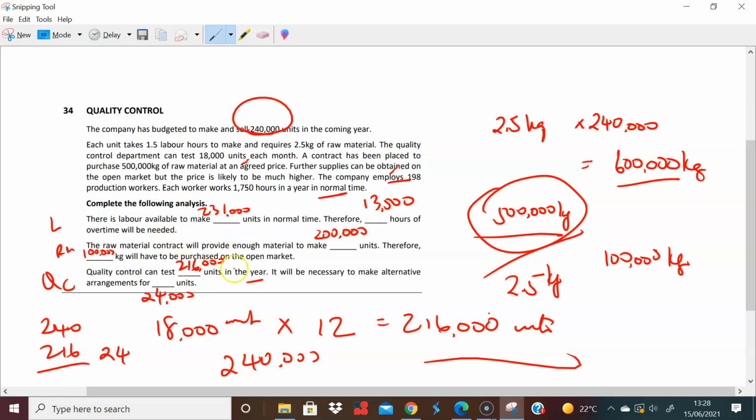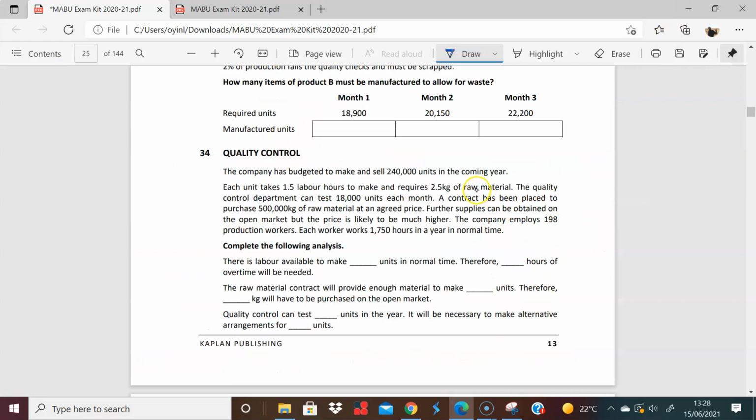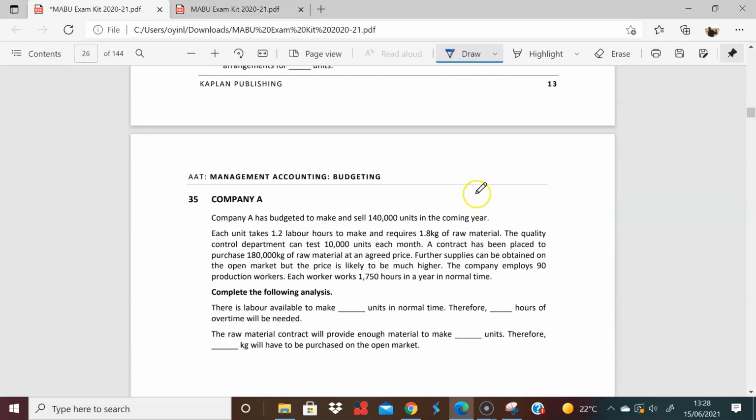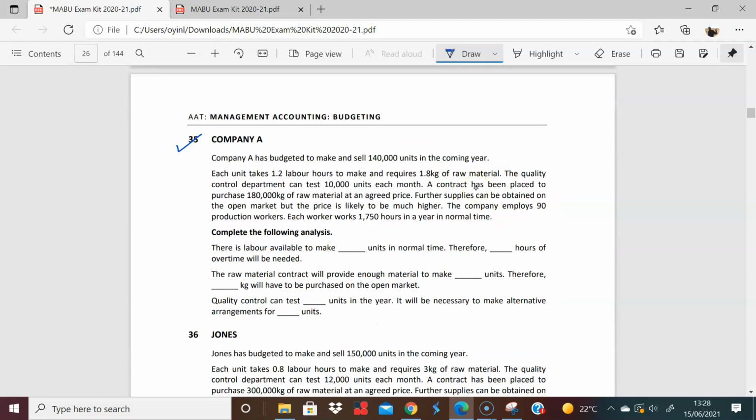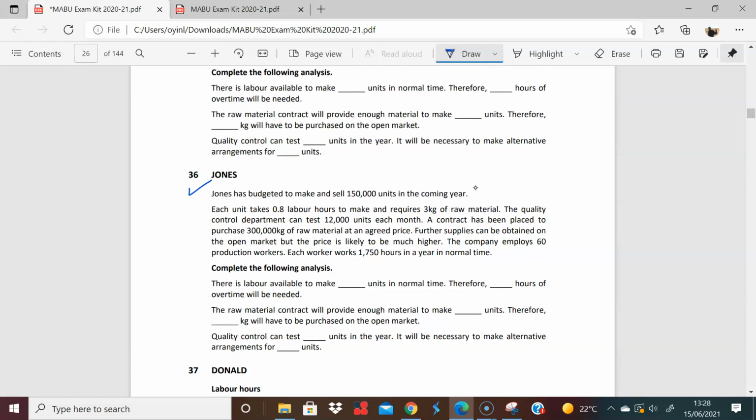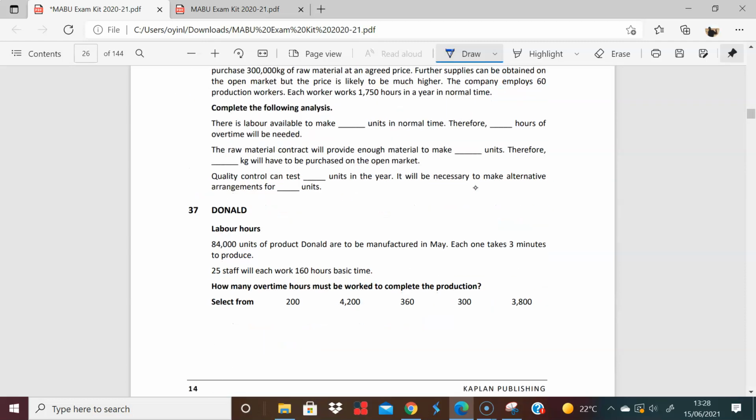Cool, great stuff. Hopefully that's been helpful. You will see that this question mirrors 34, then we have 35 and 36. And there we are. Let me look at this one.